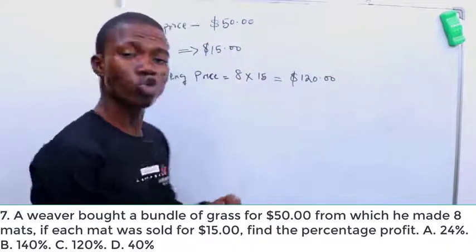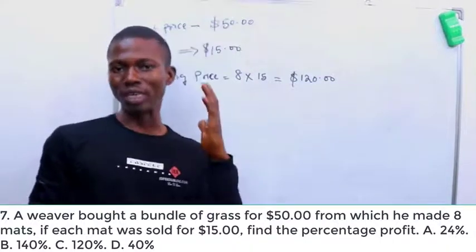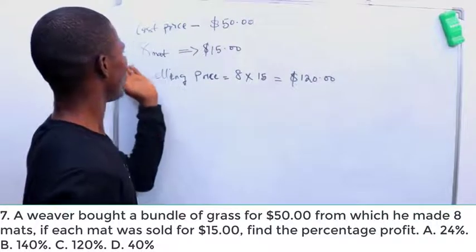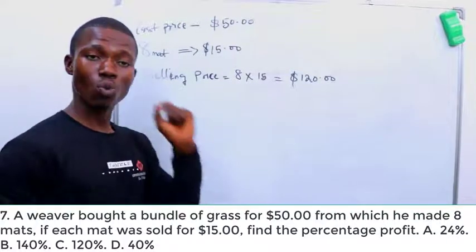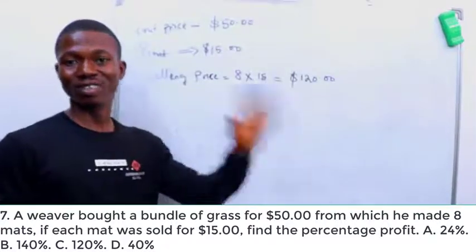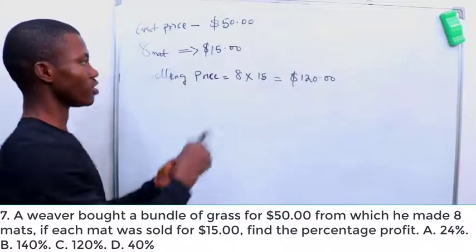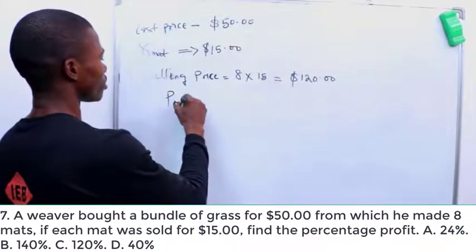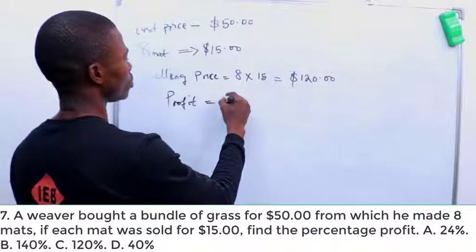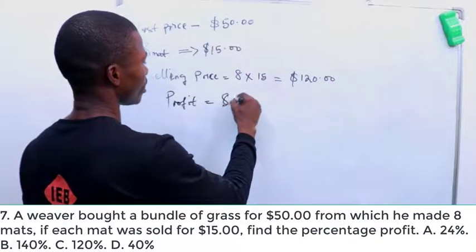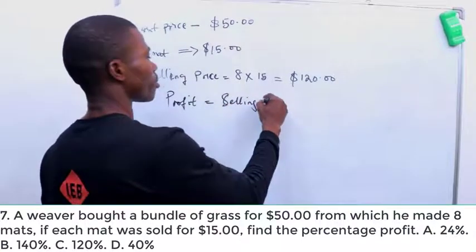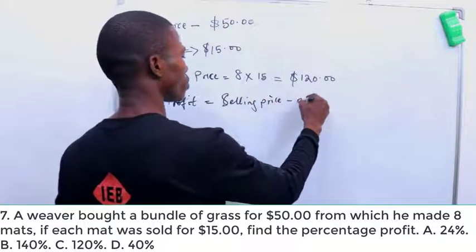You want to know the percentage, but first of all you want to know the profit. Remember, the question is the profit percentage. First of all, you know the profit, and profit is equal to selling price minus cost price.